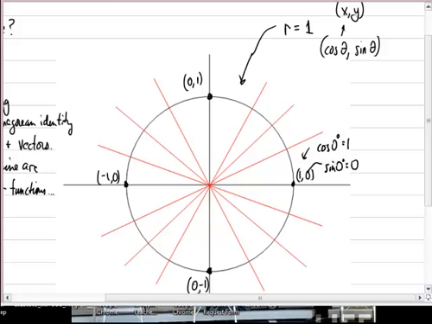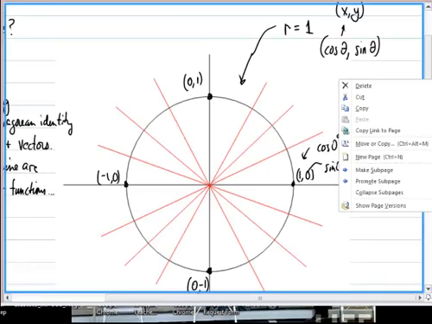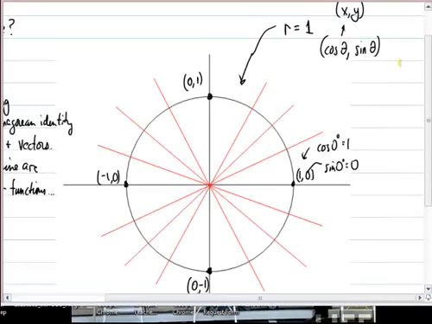If we go back to the chart and look at the quadrantal values, the sine of 0 degrees was 0, and the cosine of 0 degrees was 1, which reinforces that the coordinates on the unit circle are correct.